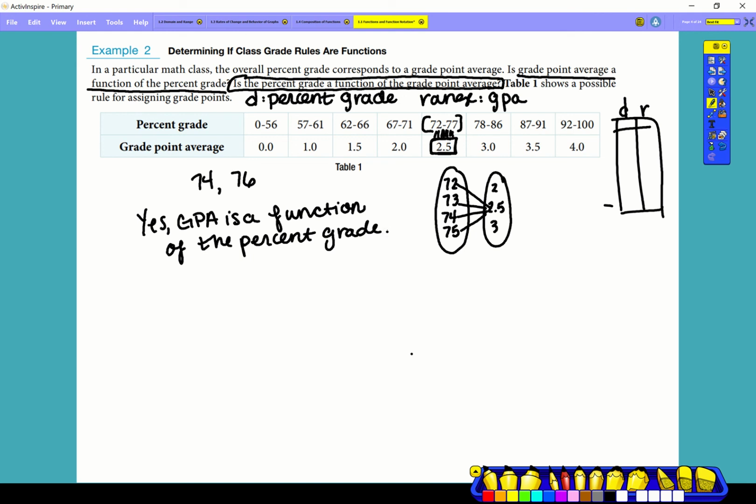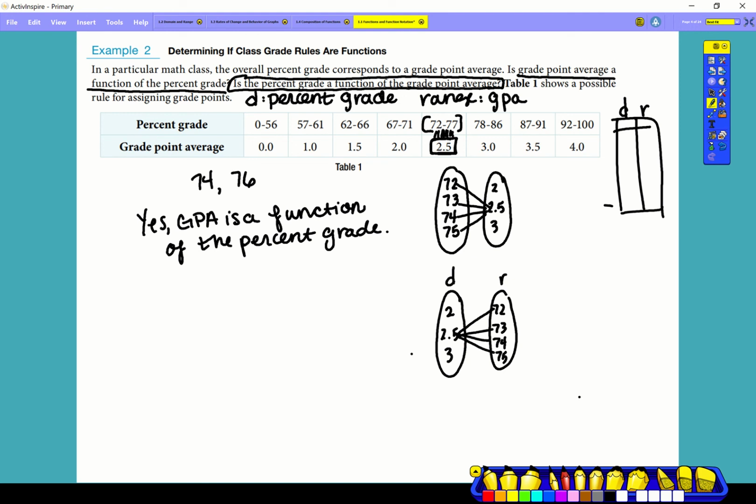Okay. Now let's look at if this was our domain and we had our range. So if we flipped it. Right, something like that. So now is that a function? So is our percent grade a function of the grade point average? Well, let's see. If I have a 2.5, I could have 72. I could have 73, 74, 75, and it would just keep going all the way to 77.